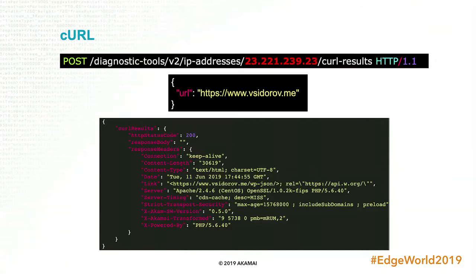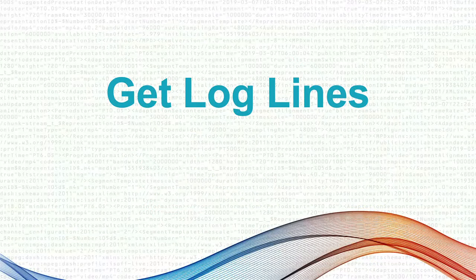Good. So we also have tools to get logs. You can get logs from any location within the Akamai network for a specific IP address. This feature has so many different use cases that it's very hard to name all of them, but just to name a few: for example, you want to see what happened with some problem.